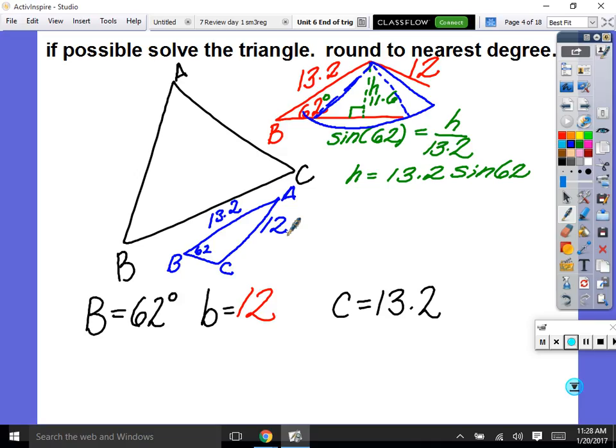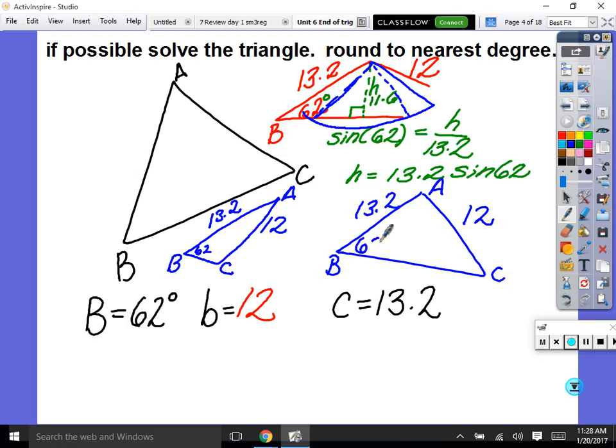It's just going down this way. I didn't draw that very to scale, but it's okay. And we also have this looking triangle where we still have B, A, C right here. This is still 12 here. This is still 13.2. This is still 62. And then we're golden. So now what you're going to do is set up the law of sines and solve.